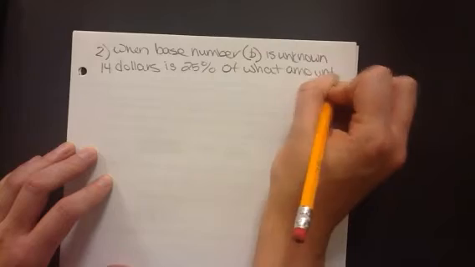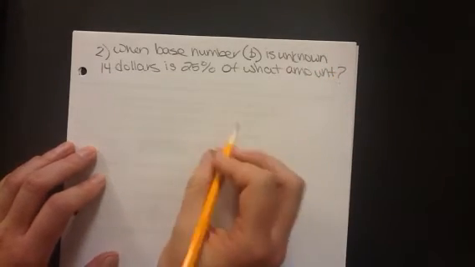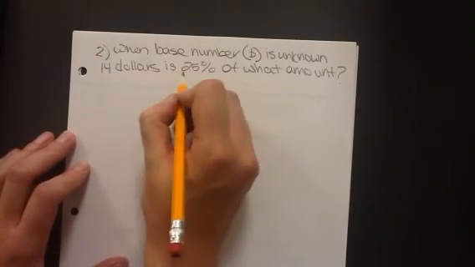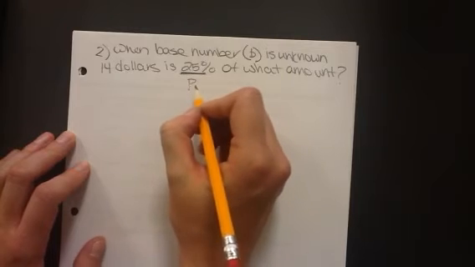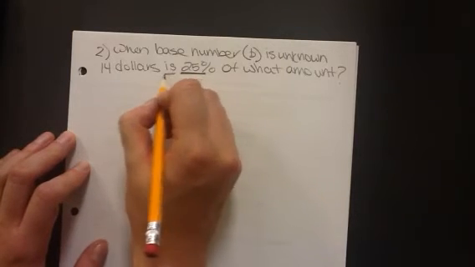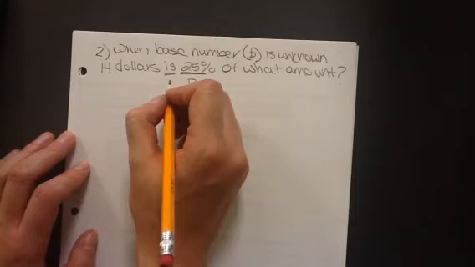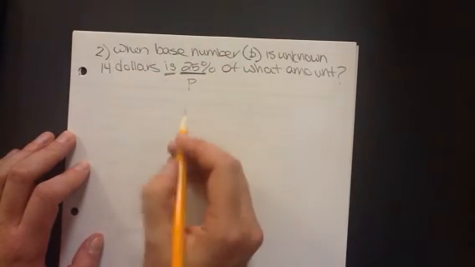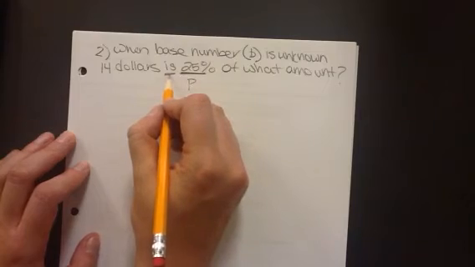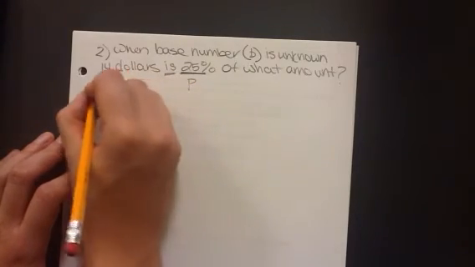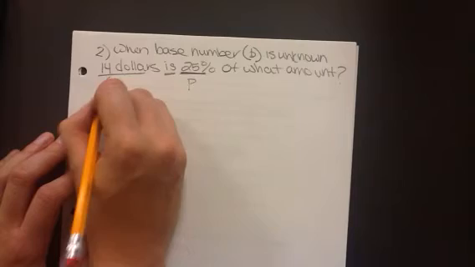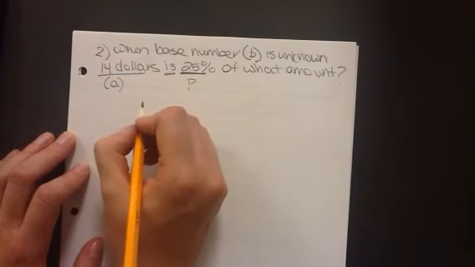If you're having trouble setting up this equation, look at some keywords. 25 is our percent. "Is" is a keyword for an equal sign, as we learned back in the unit on creating algebraic expressions and equations. So our $14 is our A, the number we're comparing.